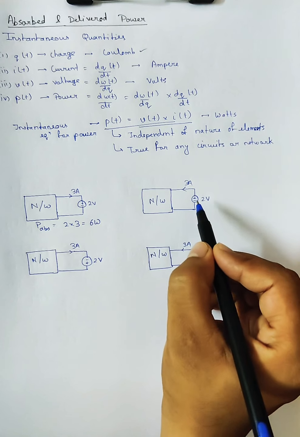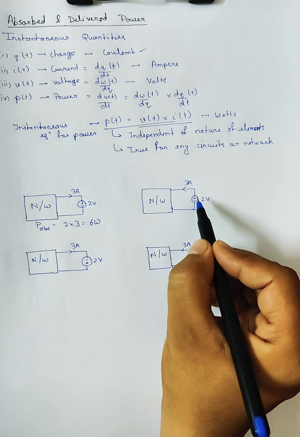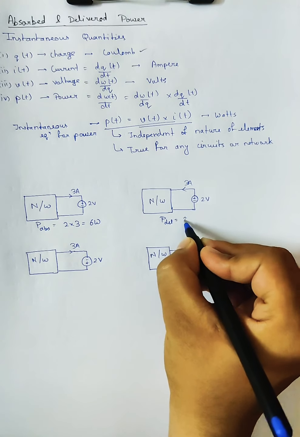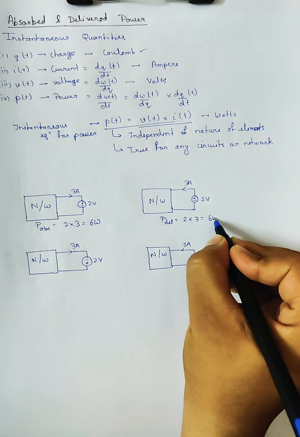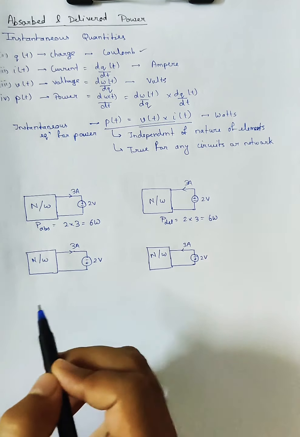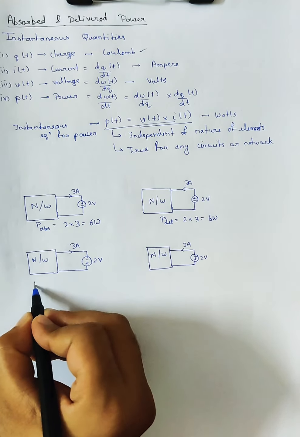In this network, the current is coming out of the positive terminal of the voltage source. So power delivered is equal to 2 into 3, that is equal to 6 watt. In this, current is entering at the negative terminal of the voltage source.